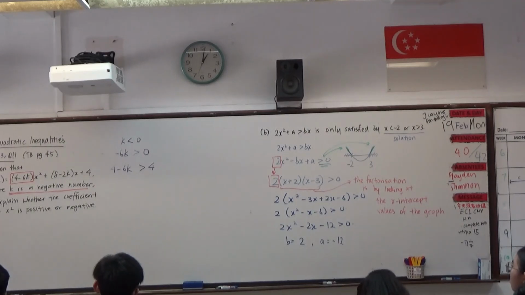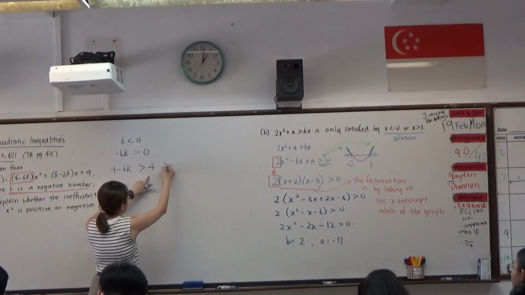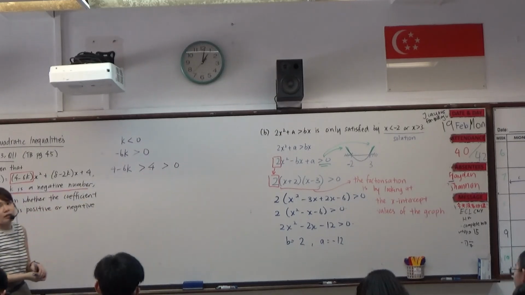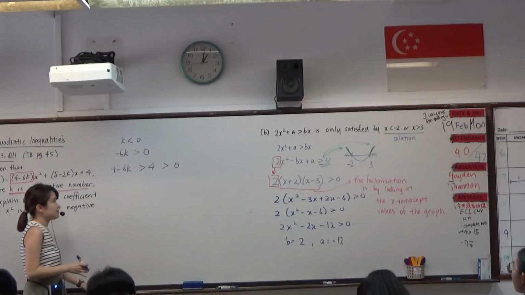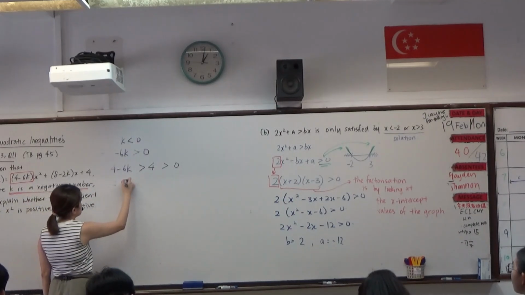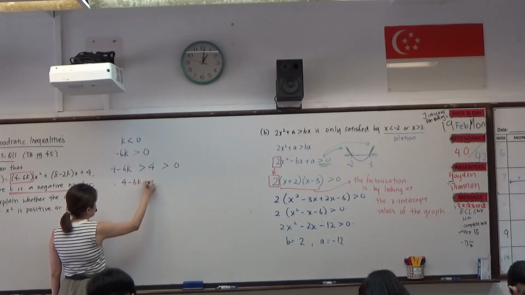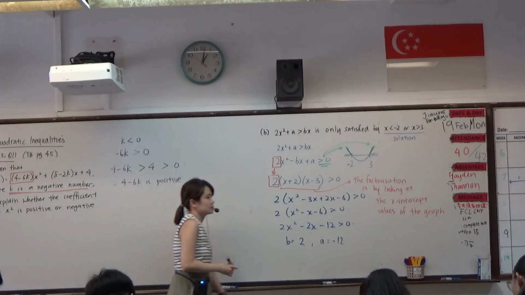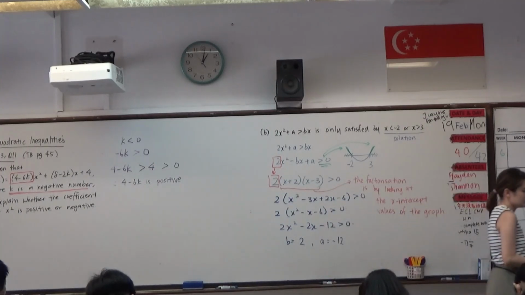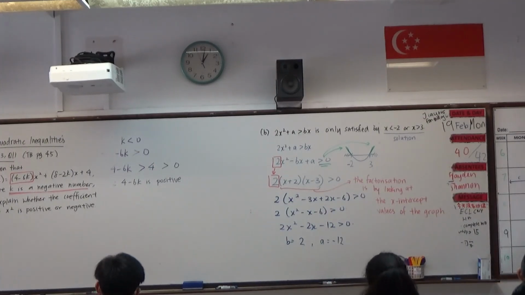And 4 is definitely greater than 0. So therefore I can say that 4 minus 6k will have to be greater than 0, which is positive. Okay, just like that.